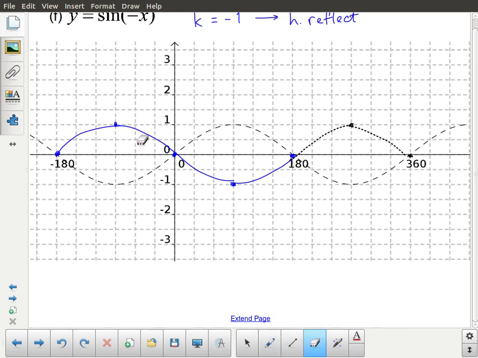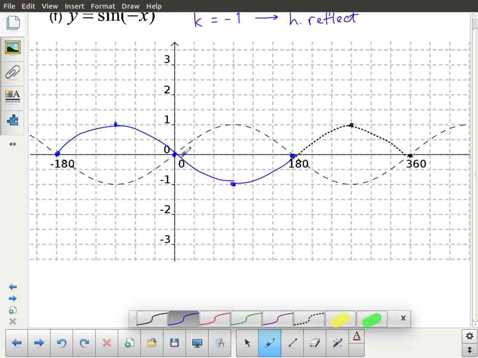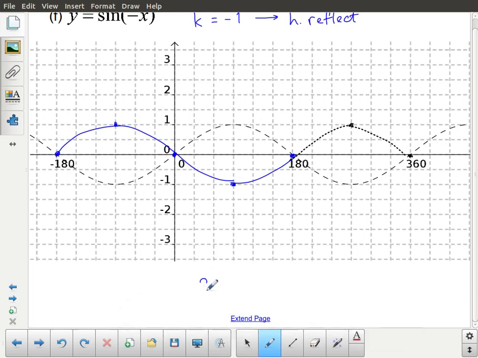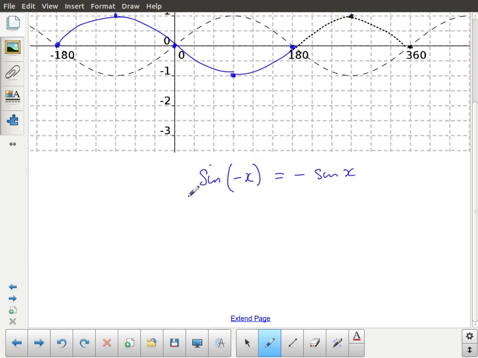If I reflected it horizontally, that would be the same as if I reflected it vertically. So now what I'm going to actually write is that the sine of a horizontal reflection is the same as a vertical reflection of sine. And if you remember, when we talked about symmetry, this is the property of an odd function.